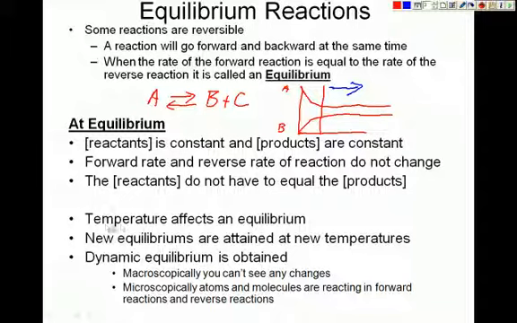Now, a few other notes: temperature can affect an equilibrium. These can shift and change based on temperature, whether it be exothermic or endothermic, and we'll talk about that later. New equilibriums are attained at new temperatures.